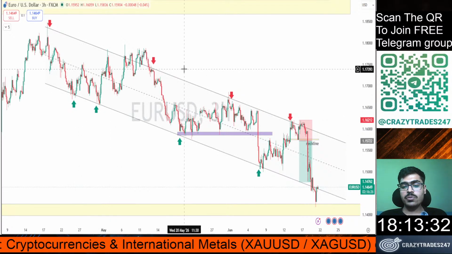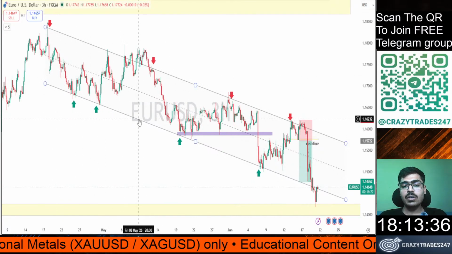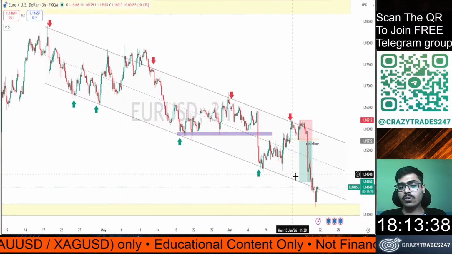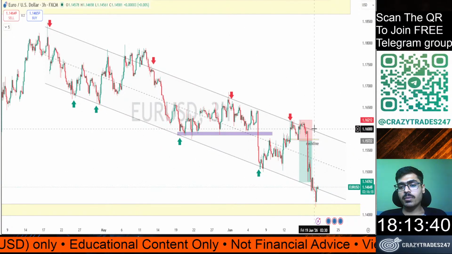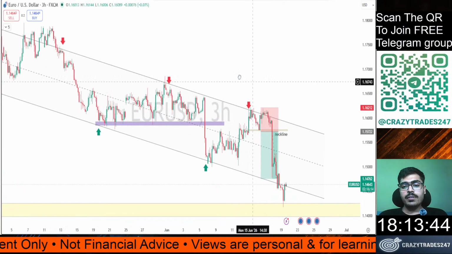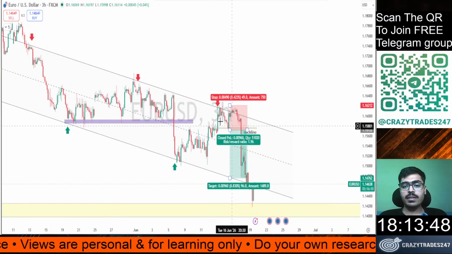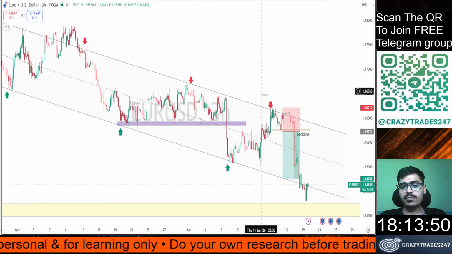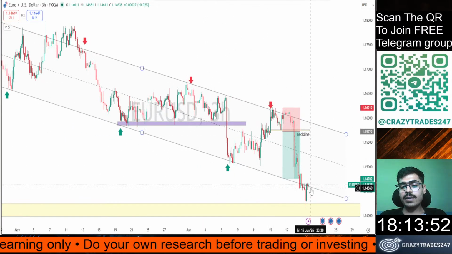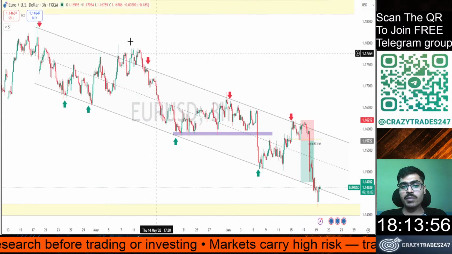As you can clearly see, this declining channel has two boundaries. The lower one is called the lower boundary and the upper one is the upper boundary. And it's very simple. When price faced retracement from this upper boundary, it was quite evident that price might give a down move again and retest its lower boundary, as it has shown multiple times.